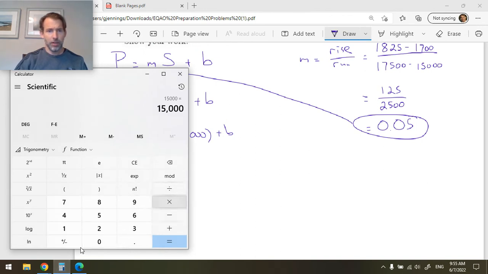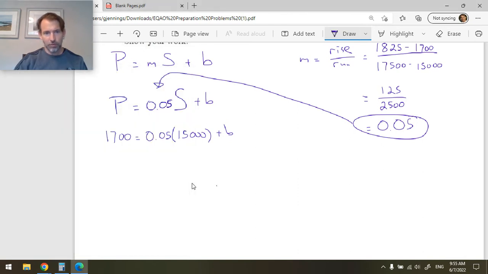I think I did that the wrong way. 15,000 times 0.05 equals 750. So there her commission was 750. Her total income is equal to her commissions plus her base salary, and now we find her base salary. You can subtract 750 from each side to get 950 is her base salary.